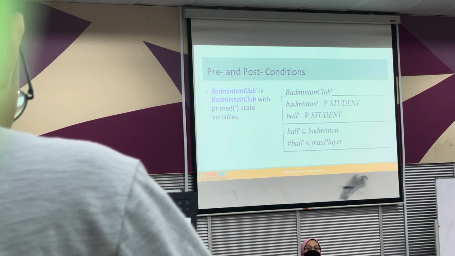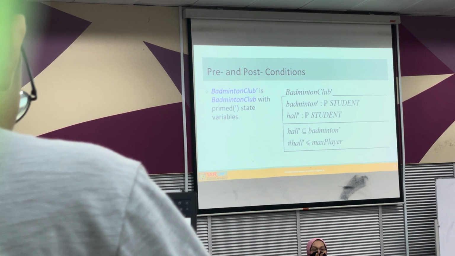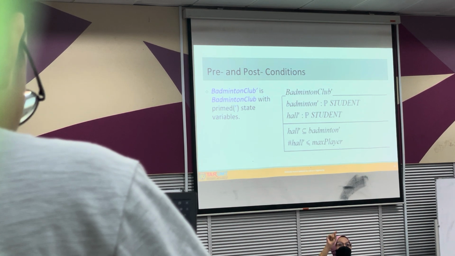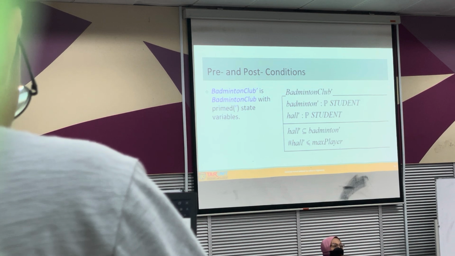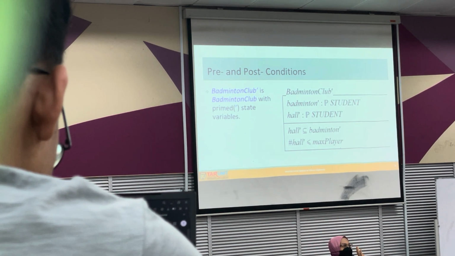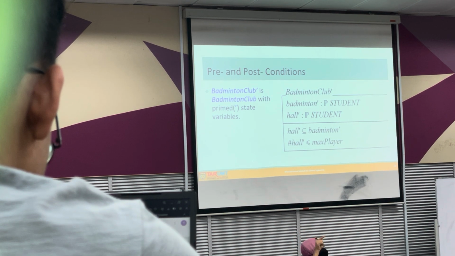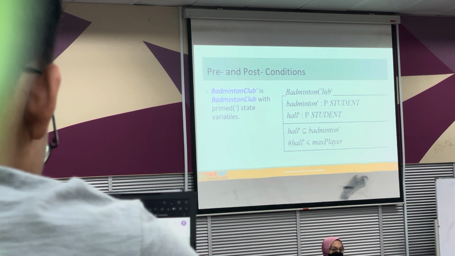Okay, the real step in our original Z schema is like this. So you have the original badminton club just now. Then you have to create another one, badminton club prime. Okay? Badminton club without prime is the original state space. Badminton club with prime is to show the update later. So it means that you are going to have two diagrams.